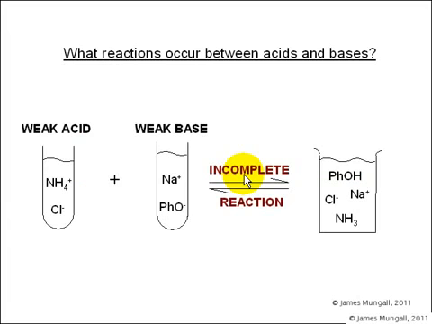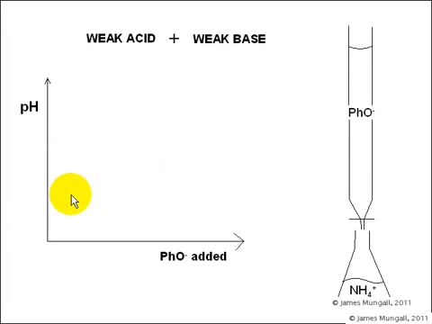Finally, we look at the reaction of a weak acid and a weak base. This is the only reaction we've come across which is incomplete, indicated by the equilibrium arrow, which is going to give us some problems. Once again, we'll imagine the acid is in the conical flask and the base is in the burette.